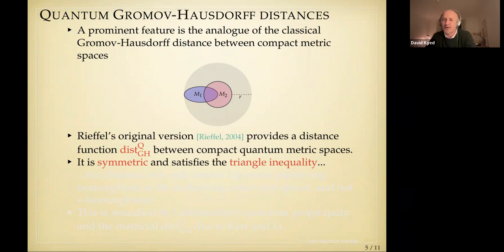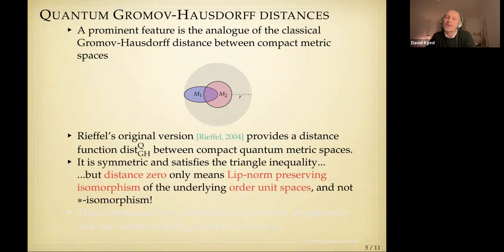This is all fine and good, but it does have a certain drawback, namely that distance 0 does not mean what you might expect it to mean. As a non-commutative topologist, you would say this should be a Lip-norm preserving star isomorphism, but it's not.